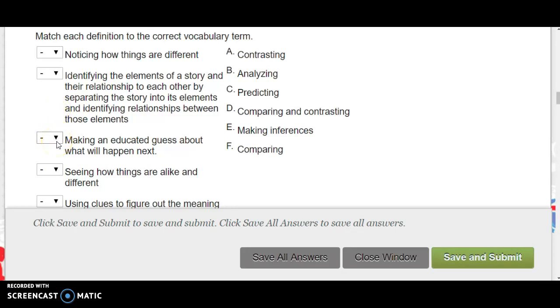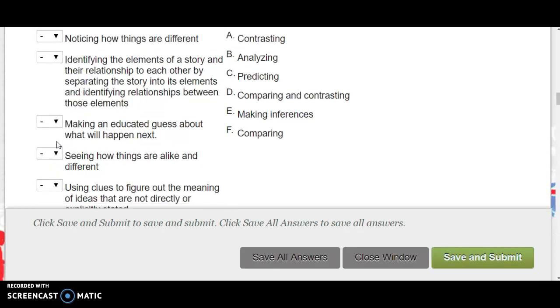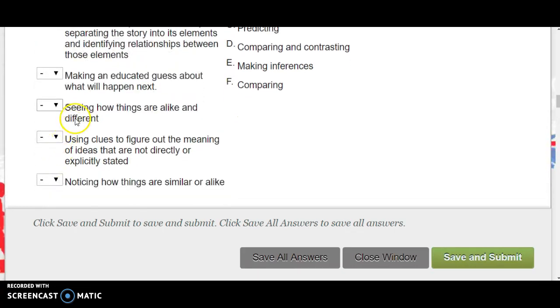Definition 3. Making an educated guess about what will happen next. Definition 4. Seeing how things are alike and different. Definition 5. Using clues to figure out the meaning of ideas that are not directly or explicitly stated. Definition 6. Noticing how things are similar or alike.